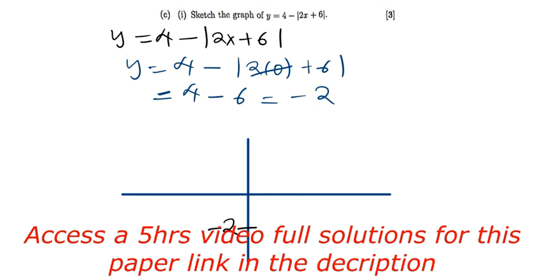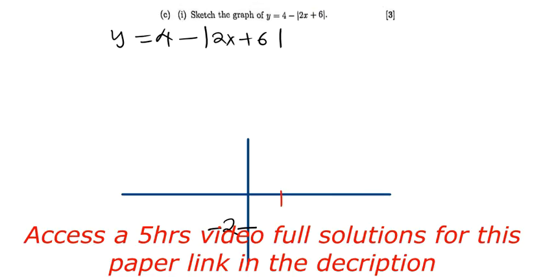Now, as it goes towards the right hand side, where does it reach when x is equal to 1? When x is equal to 1, that's going to be 4 minus, 1 times 2 is 2, 2 plus 6 is 8. So that's a negative 4. Right? Negative 4.